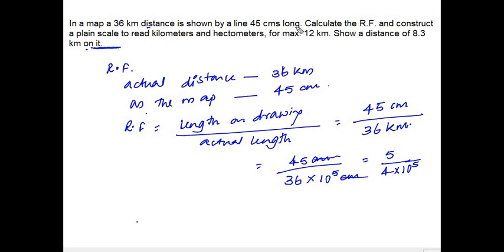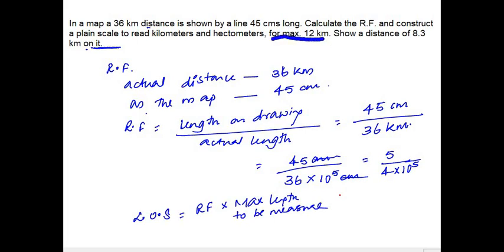The next is length of scale. Length of scale equals RF into maximum length to be measured. In our problem the maximum length to be measured is 12 kilometers.